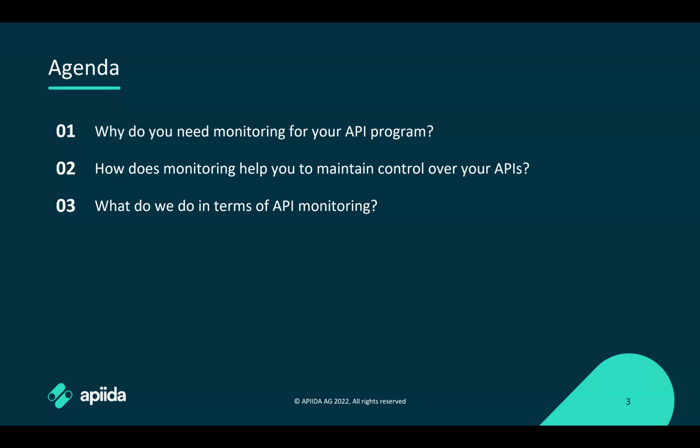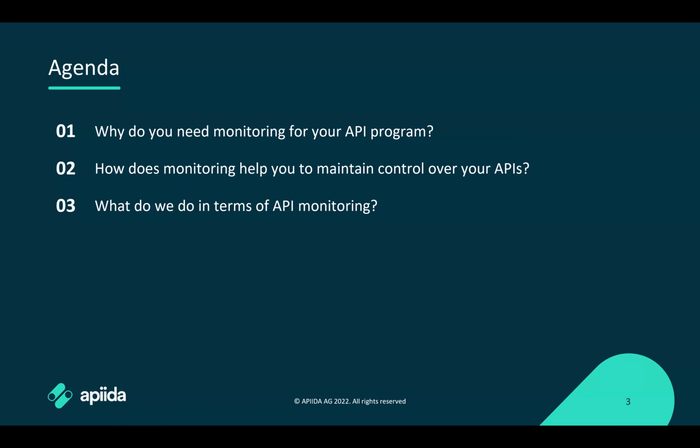These are the 3 questions as I elaborated. So the first question obviously is why do you need API monitoring in the first place, right? I guess, from a certain standpoint, it is clear to everyone that you need to monitor your systems and that your APIs obviously belong to your systems.